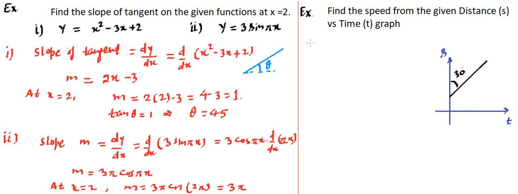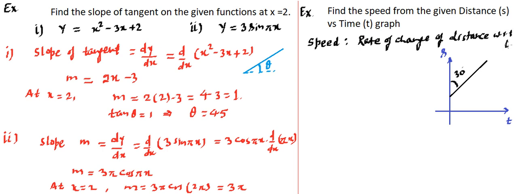Speed is defined as the rate of change of distance with respect to time. That's how speed is defined. We know that when we write dy upon dx, that is the rate of change of y with respect to x.